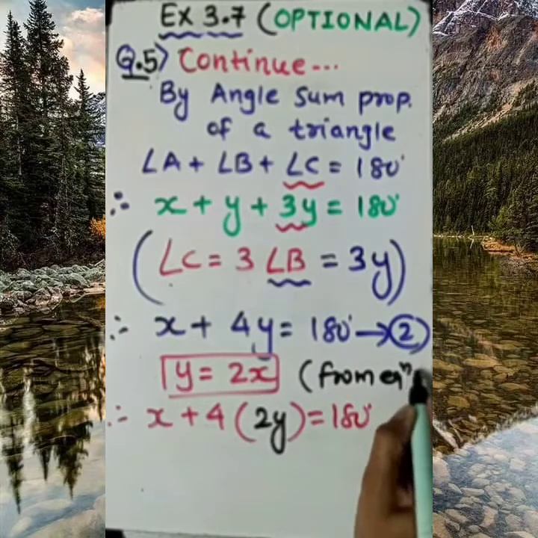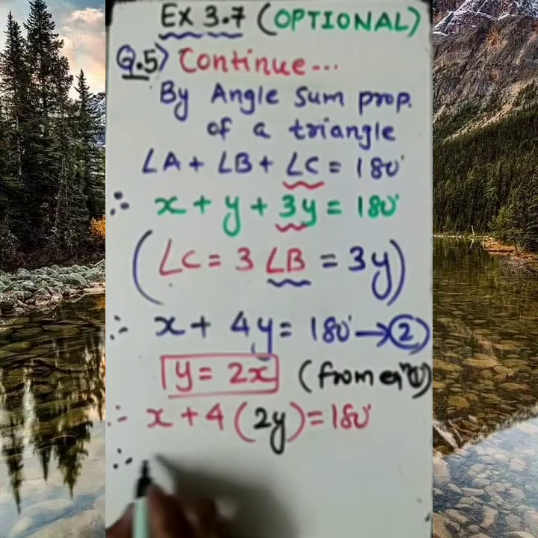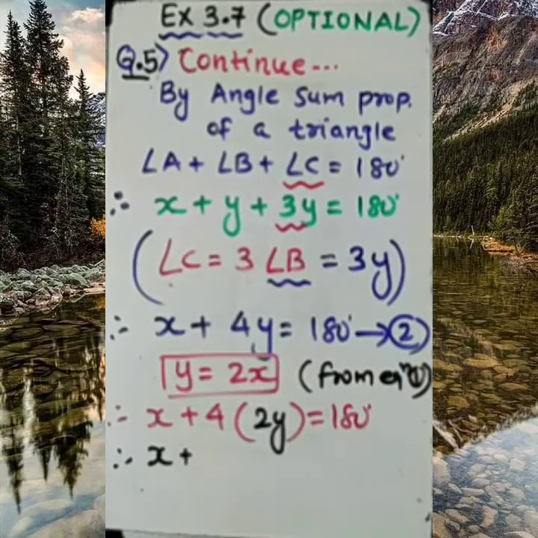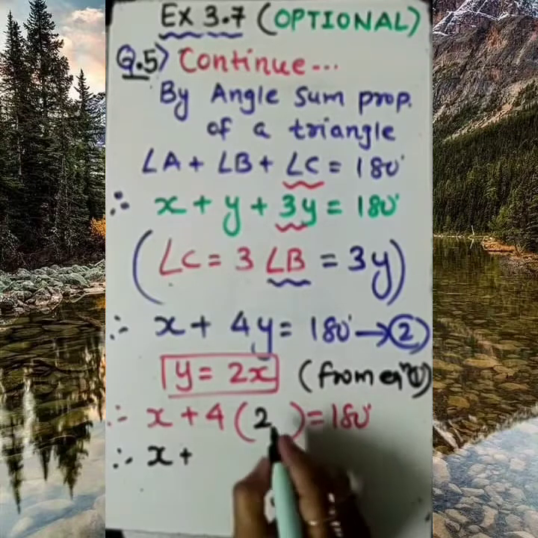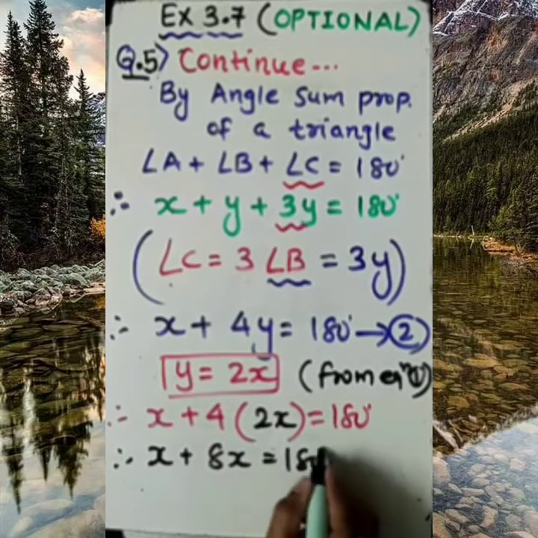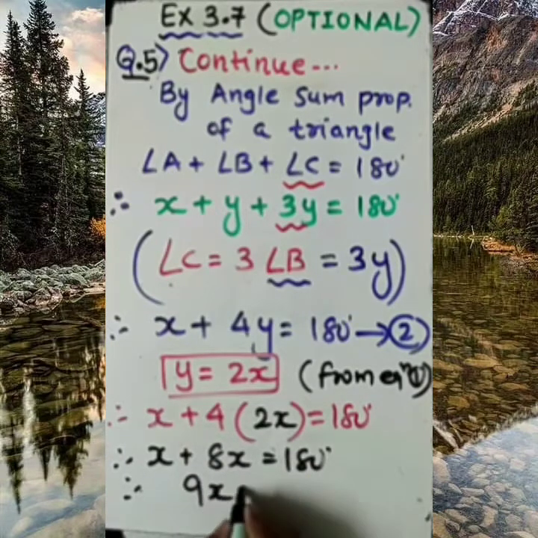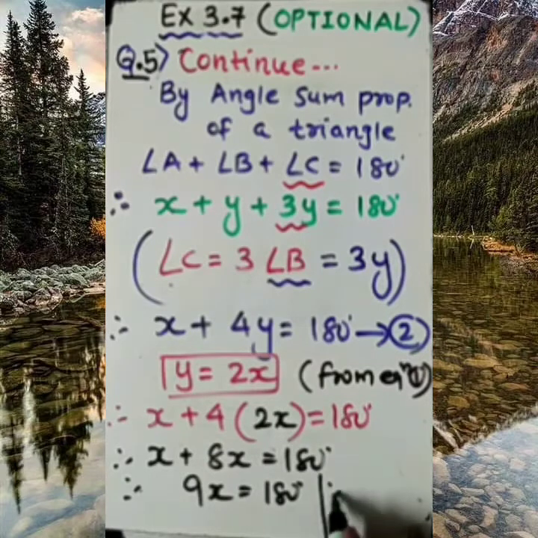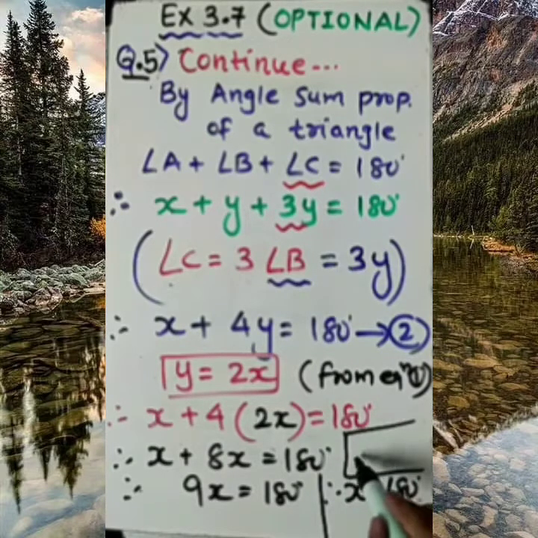So it is 2x, not 2y, it is 2x. So 2 fours are 8x equals 180. Therefore, 9x equals 180. Therefore, x equals 180 divided by 9, and as you know, x equals 20 degrees.